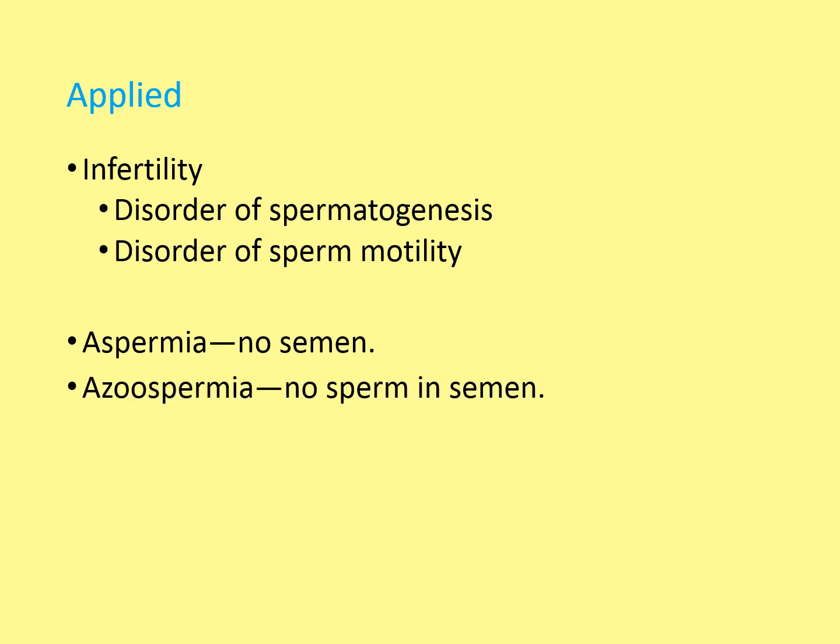A means absent and spermia means sperm. So no sperm in the semen, that means azoospermia. Third one is oligospermia. Oligo means decrease. So a decreased sperm count below normal is known as oligospermia. Next is asthenospermia.